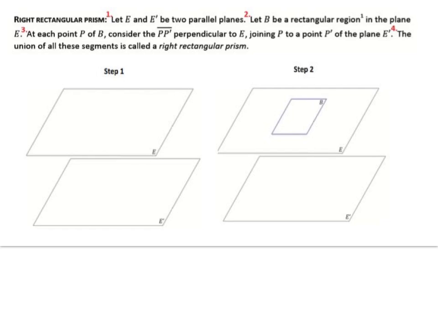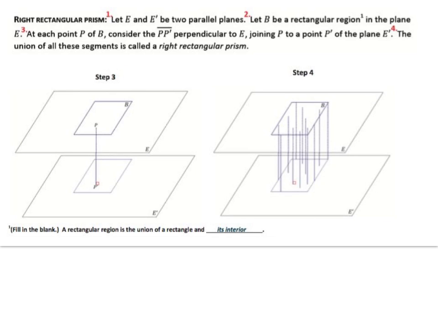Okay, I think we need to go to step three. Hold on. There we go. So step three, at P on rectangle B, consider P prime perpendicular to E, joining P to point P prime on the plane E prime.